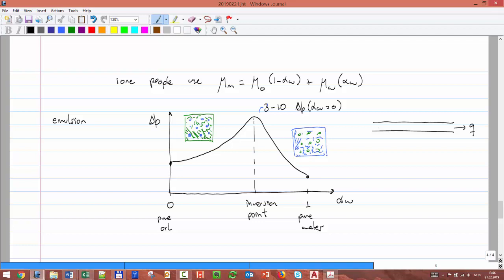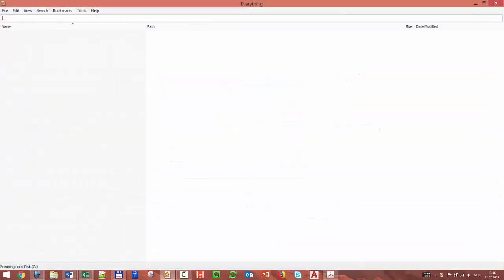Let me just, before we go to a break, show you how it looks. An emulsion we made here was made by a student visiting from China. She made some nice experiments. Her name was Chensi.